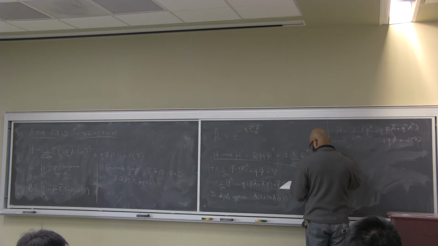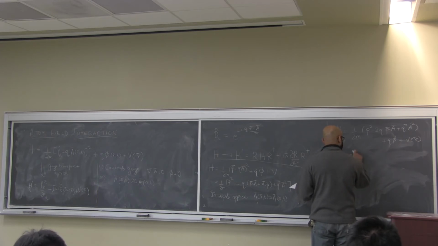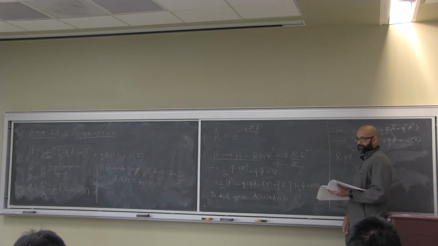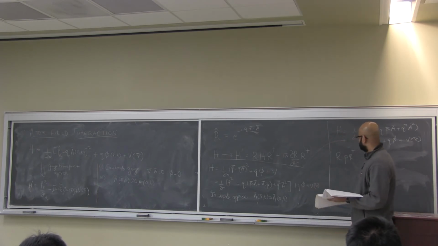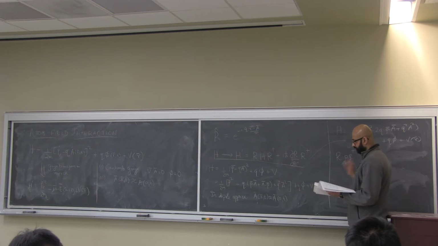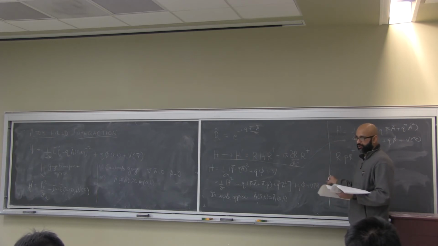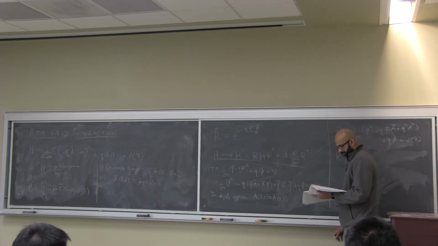or let me just write down one of these factors, which is the factor R P R dagger, okay? We want to calculate that one first, because if you know this term, you'll see that it's easy to do all the other terms, okay?